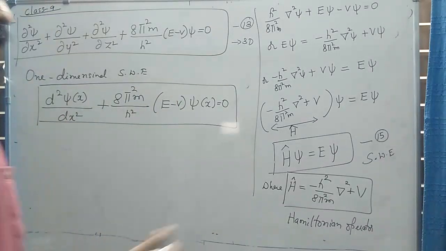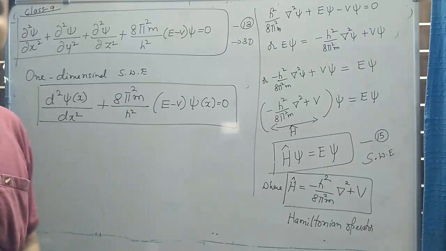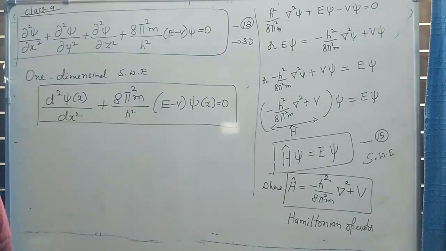Now this is about the one-dimensional Schrodinger wave equation. Let me concentrate again on equation 15. This is a very interesting result. I already told you in the last video lecture, maybe video lecture number 6, where we discussed eigenfunction and eigenvalue. What do you mean by eigenfunction?